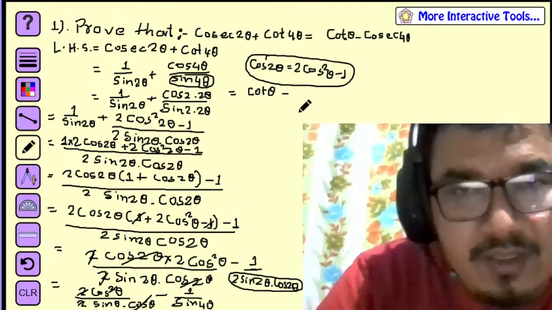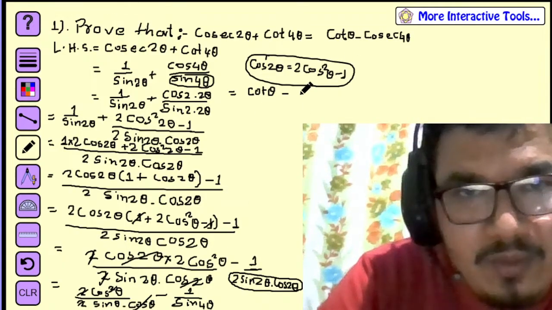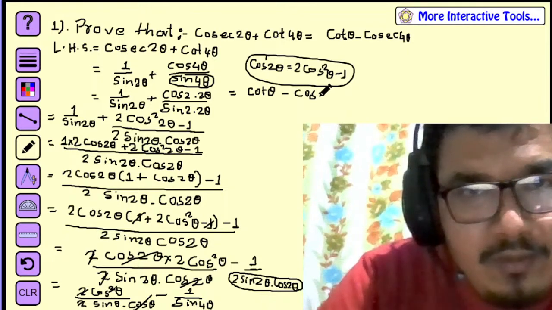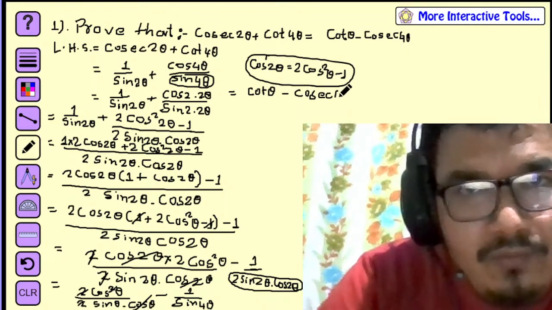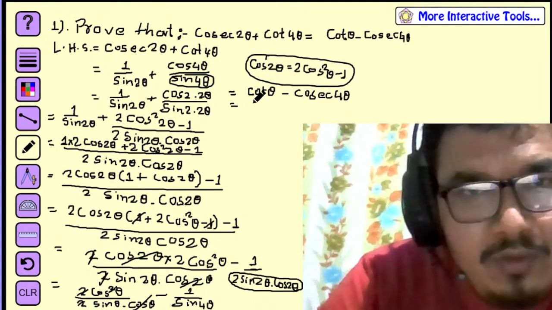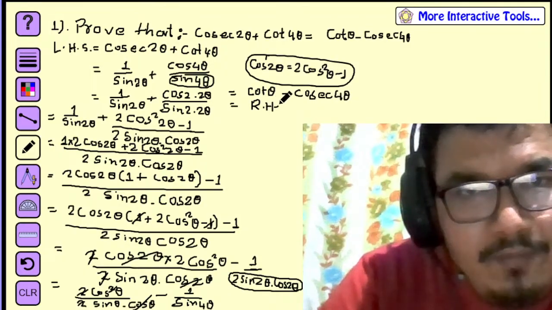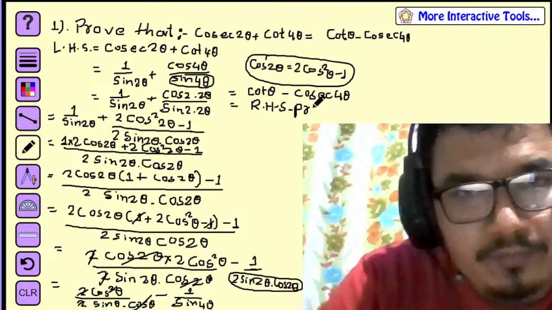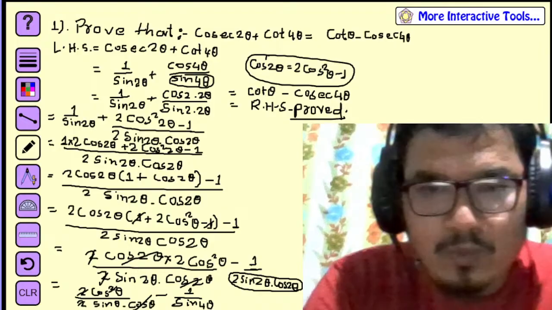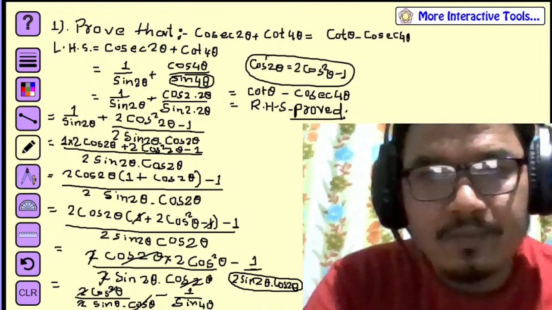This is the reciprocal relation. 1 by sine means cosec, that is cosec 4 theta, which is our right hand side to bring in our question. The solution is proved. Then we have to write the proof. This question is proved here. Like this, we solve this question.